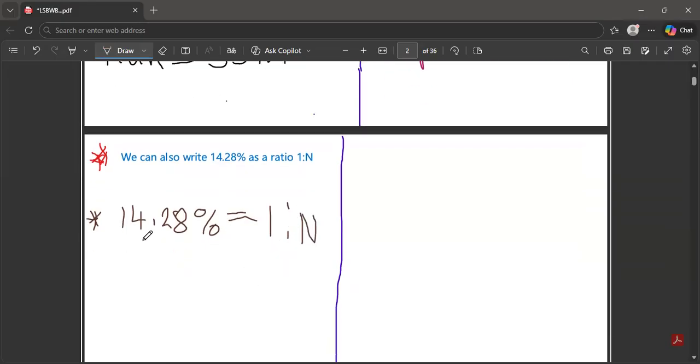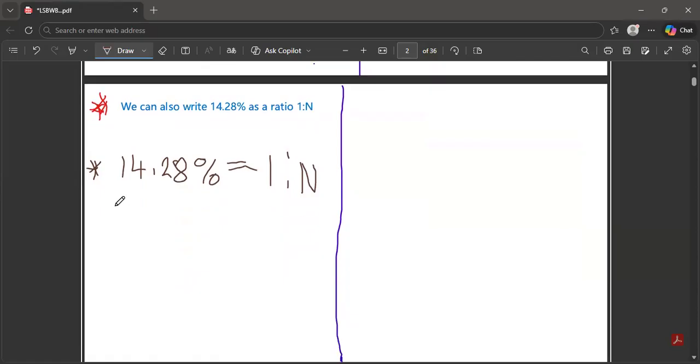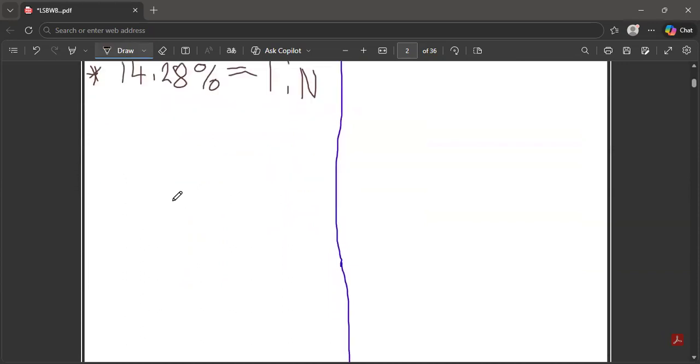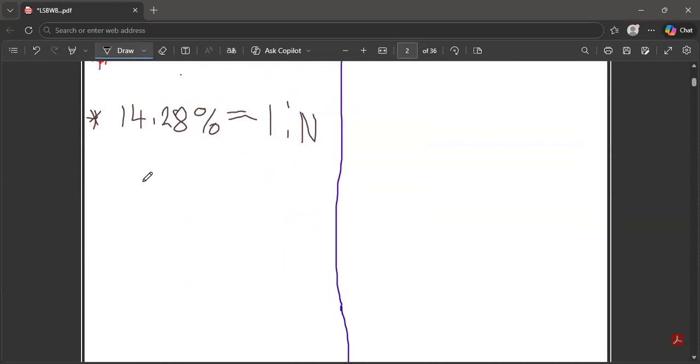I want each and every one of us to take note that 14.28% can also be written as a fraction, and that is 14.28 over 100. Now we can bring our equals sign.